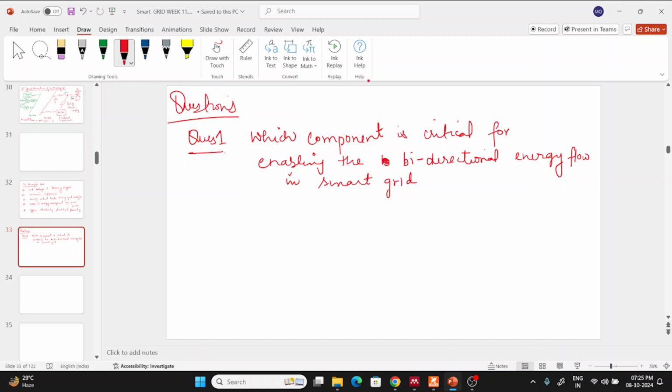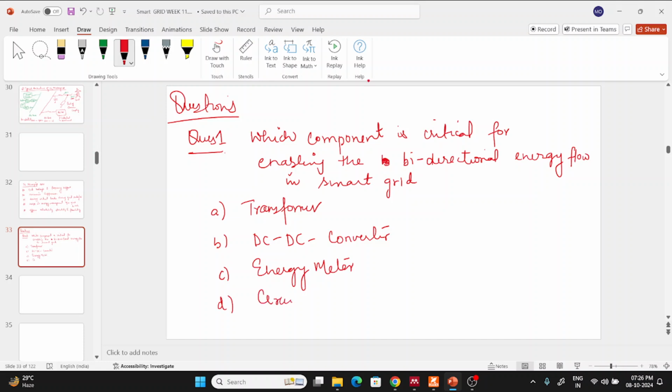Okay, first is transformer, B, DC to DC converter, C. Energy meter. D. Circuit breaker. Write the answer in the chat box.